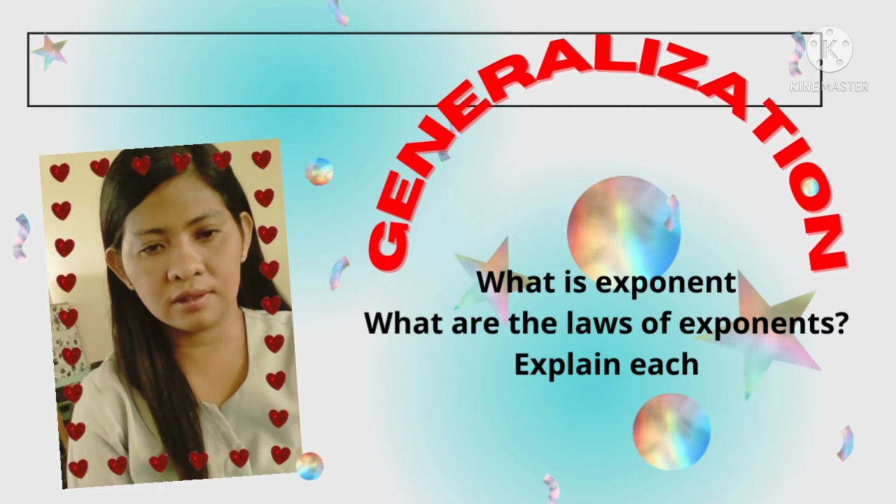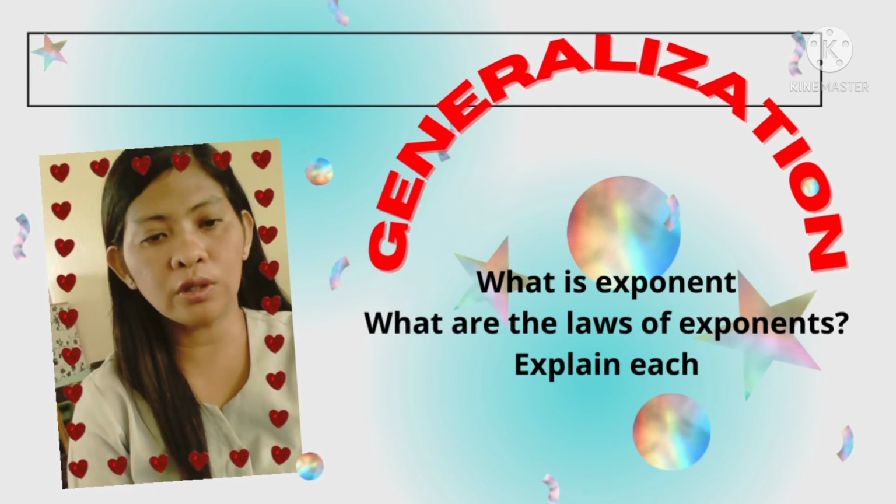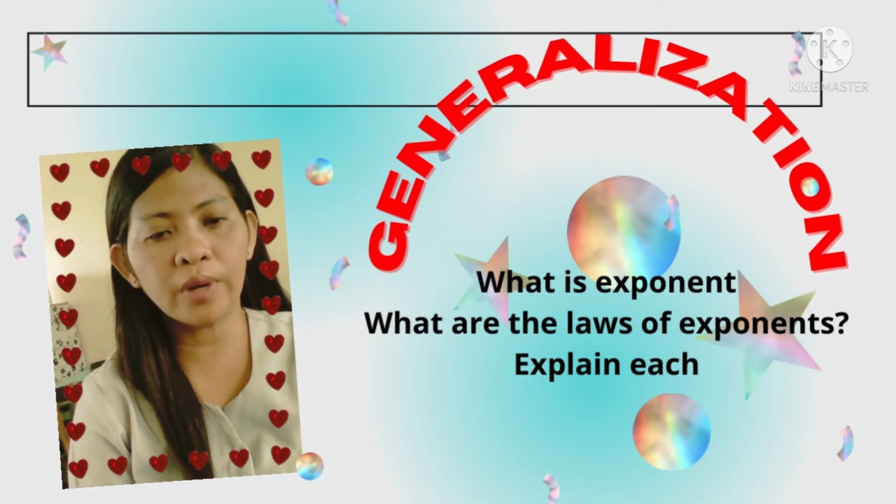Next is power of a quotient. For the power of a quotient, there are 3 cases. The first case is when the exponent of the numerator is greater than the exponent of the denominator. You will just copy the base, then subtract the exponent of the denominator from the exponent of the numerator.